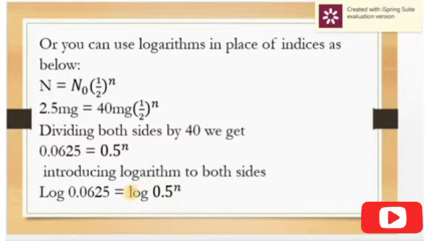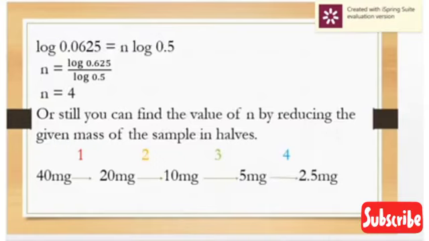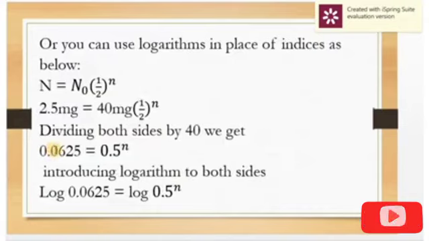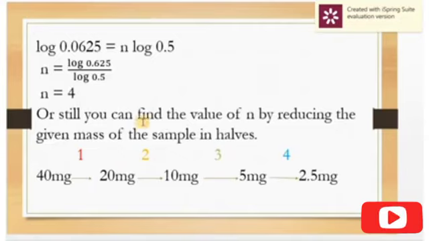So instead of writing log 0.5 to the power n, we will write n log 0.5. That's how logarithms operate. So we have log 0.0625, which we had here after dividing 2.5 by 40, and then introduce log. So log 0.0625, and then we bring the n down, it becomes n log 0.5.